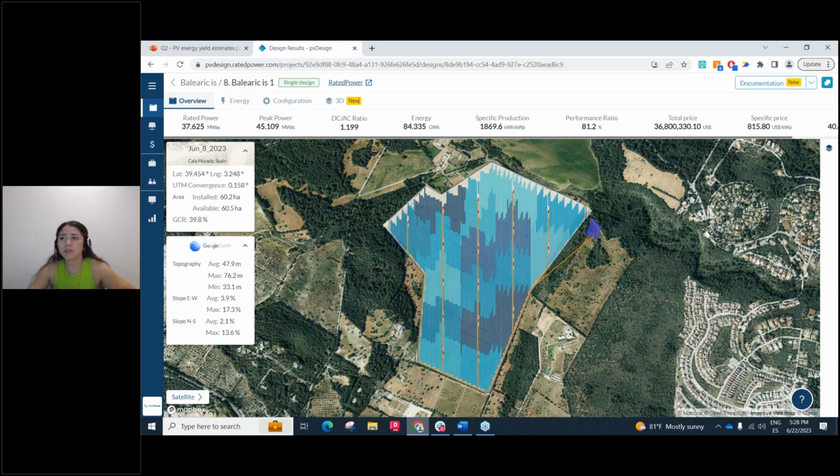Bifacial modules benefit from the reflection of the sunlight, which is known as the albedo. However, this value depends on the specific site characteristics, and uncertainties may arise from this factor. Also, we can include the shading, the angle dependencies, and the backside irradiance modeling.